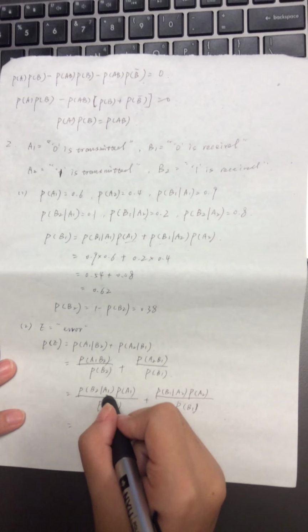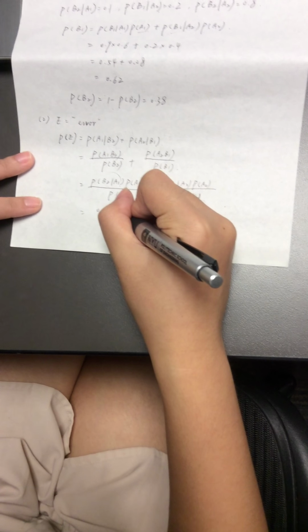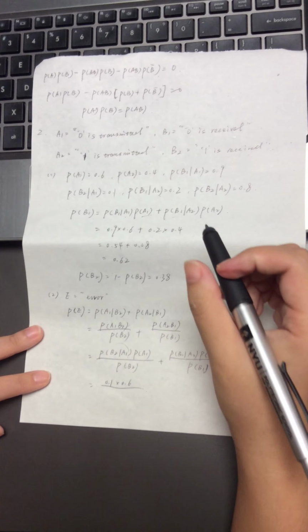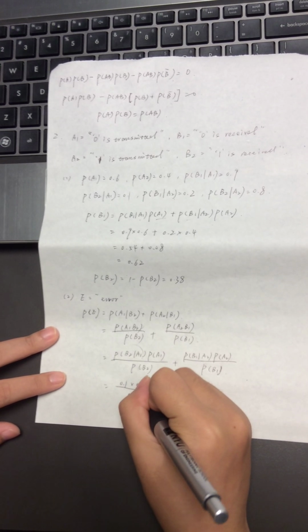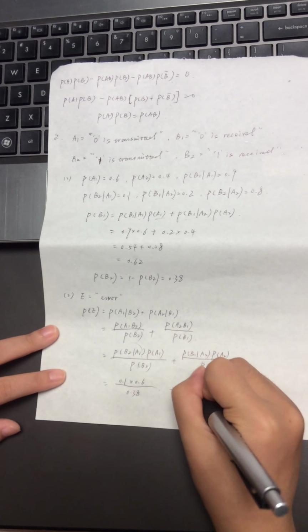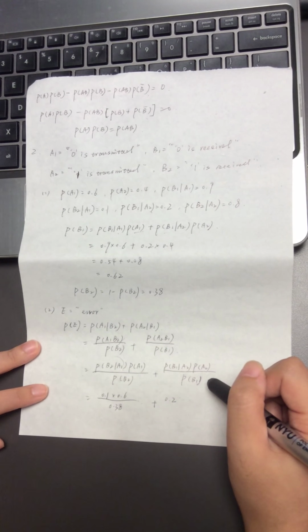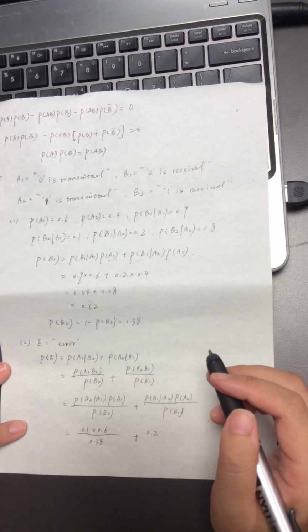This part is 0.1 times P(A1) is 0.6 and B2 is here. This one is 0.2 is here, and A2 is, okay, wait a moment, where's A2?